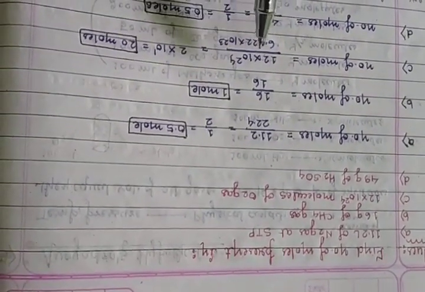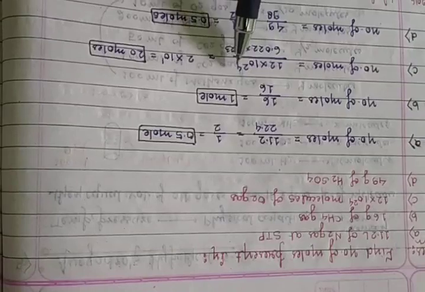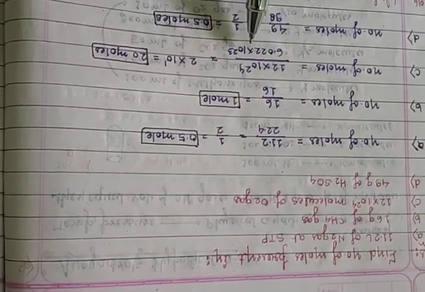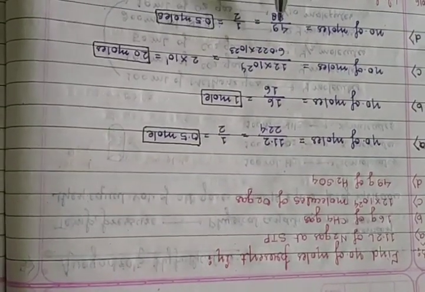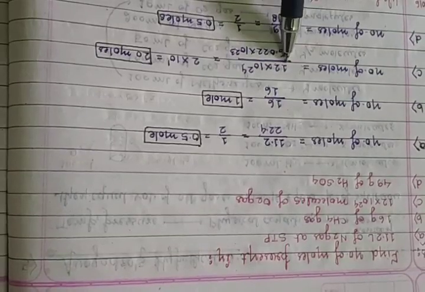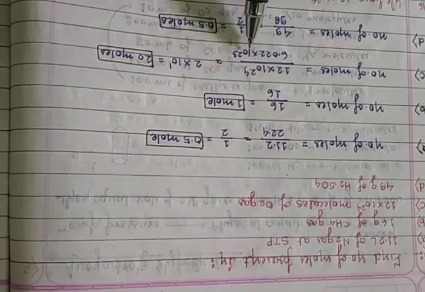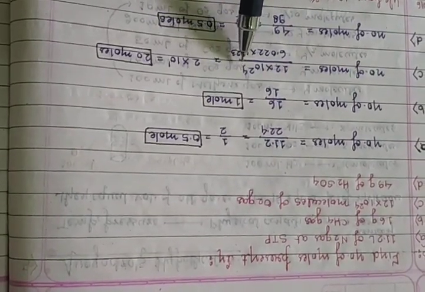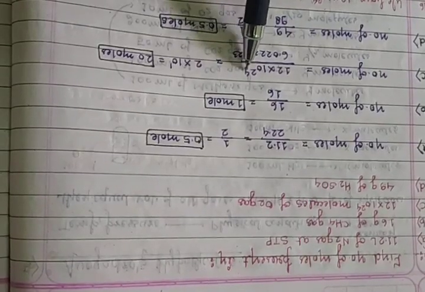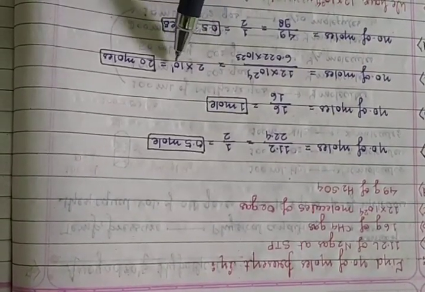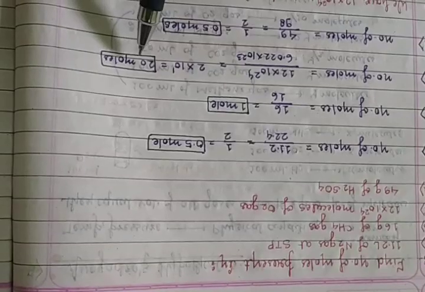There the third formula applies: 12 into 10 to the power 24 divided by 6.022 into 10 to the power 23. Approximately 12 divided by 6 is 2, and with the powers that is 10 to the power 1. So 2 into 10 to the power 1 means 20 moles.